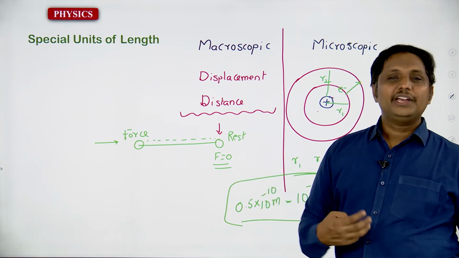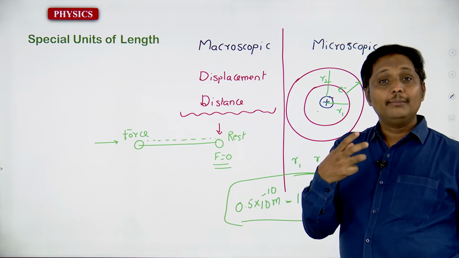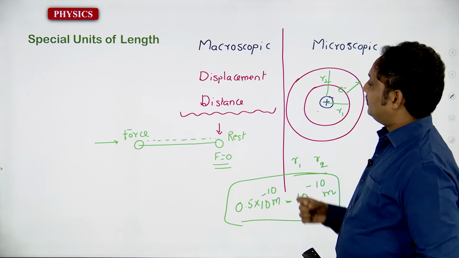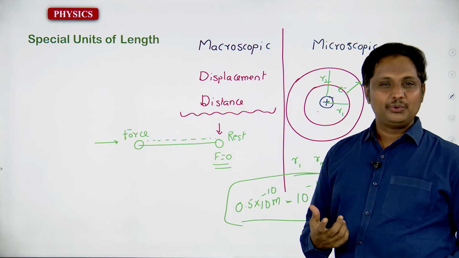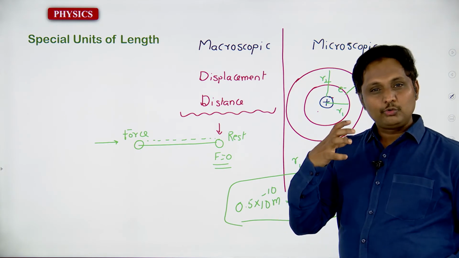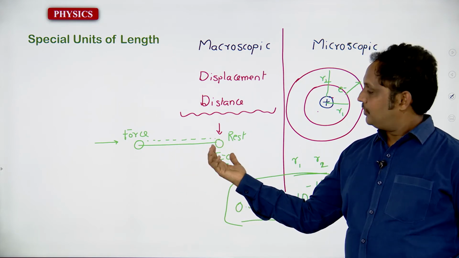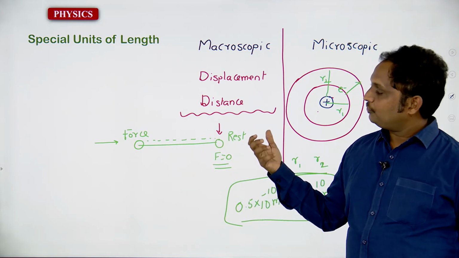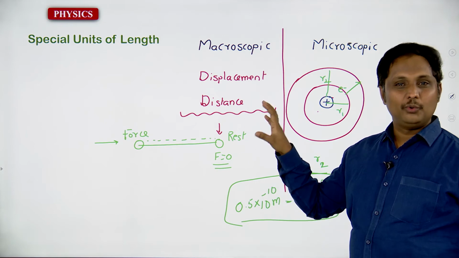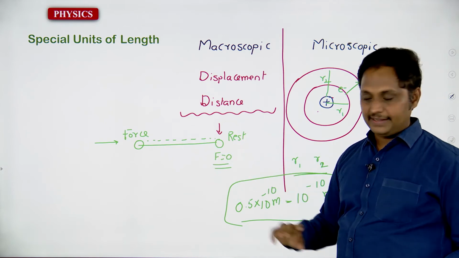If you look at the motion of a macroscopic object, the macroscopic bodies are acted upon by a force. Until the force acts on this body, it has some motion, very nice.